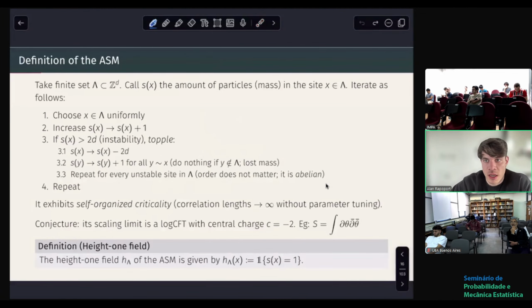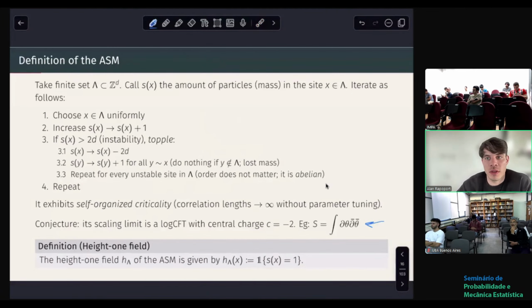In some sense, our results back it up because, although we didn't study any limiting field, we did study the limiting cumulants. So this is a candidate, but only for the height one.